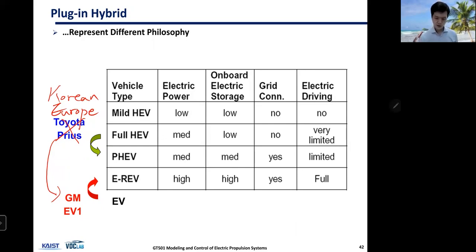So it can readily provide that high EV power.